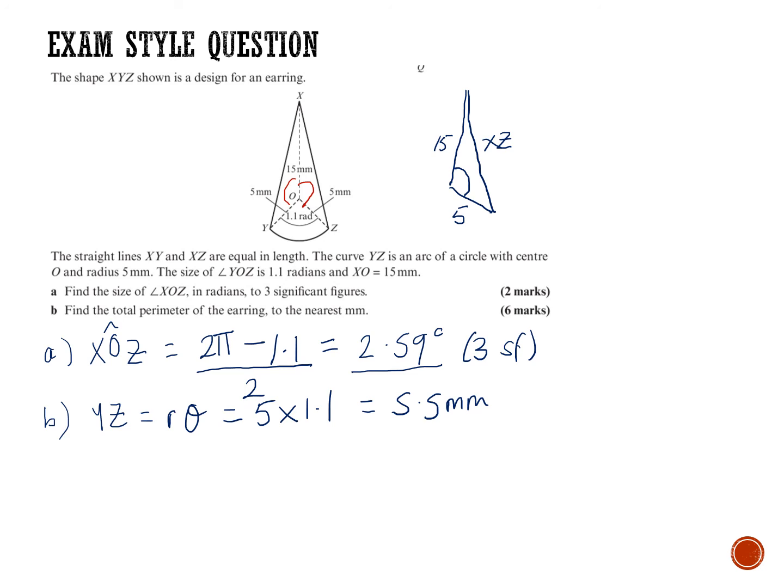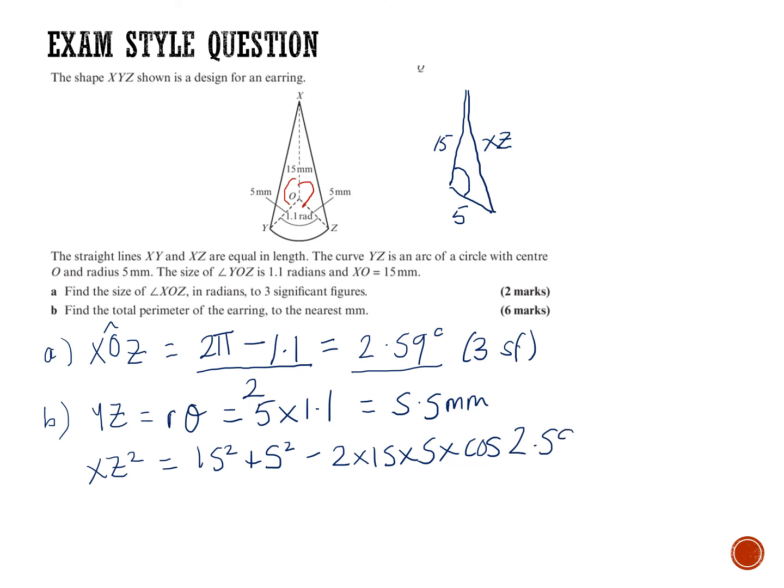Now remember, you need to learn the cosine rule. The length I'm finding squared is the sum of the squares of the sides that make the angle, minus 2 times the side lengths and then cos of the angle between them, which we worked out as 2.59.